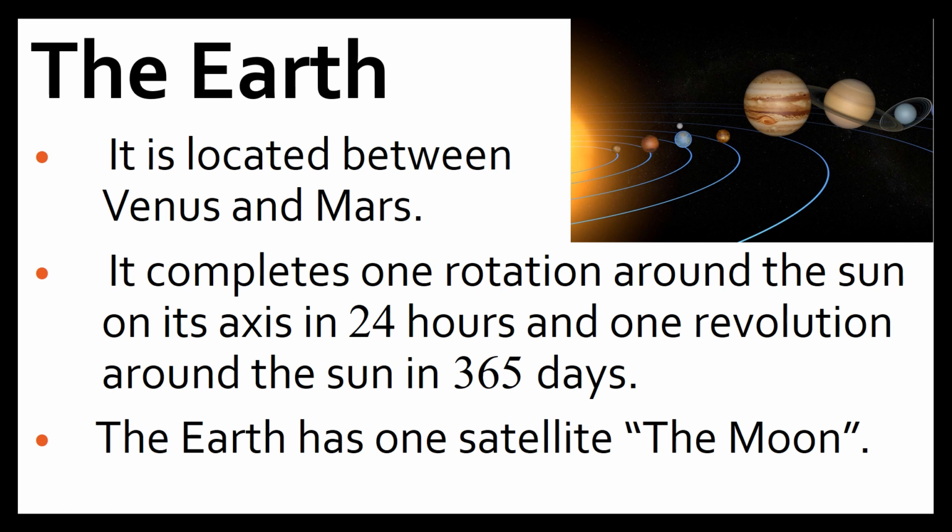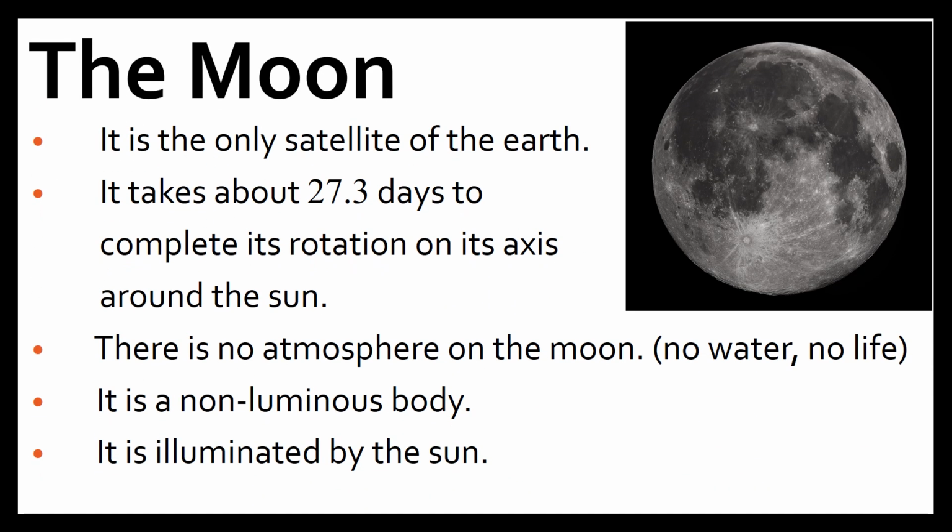The Earth has one satellite, and that is the Moon. It is the only satellite of the Earth. It takes about 27.3 days to complete its rotation on its axis around the Sun. There is no atmosphere on the Moon. There is no life on it, as there is no water and atmosphere above the Moon.